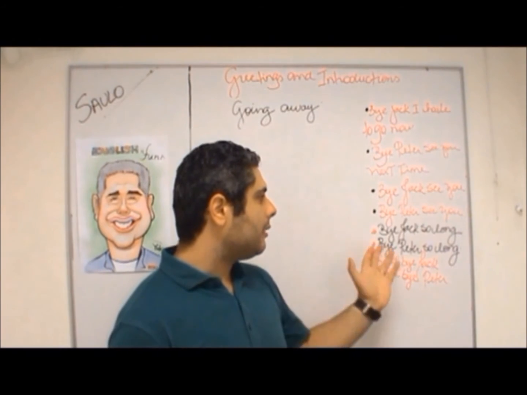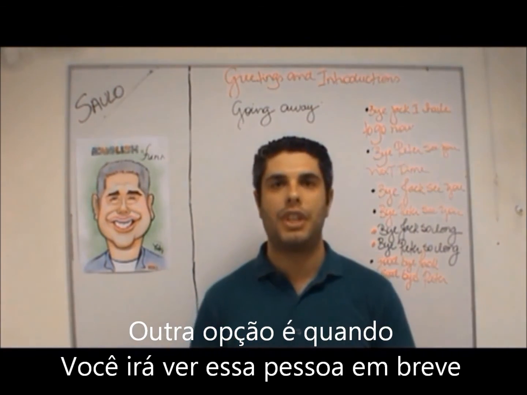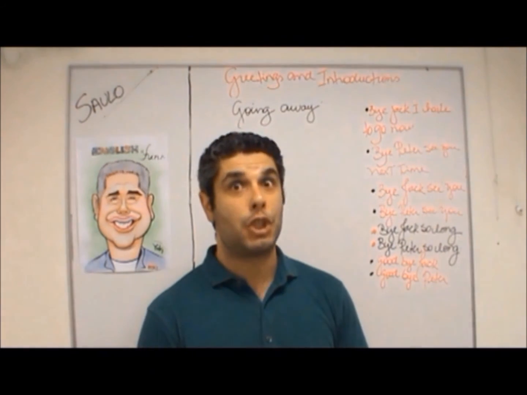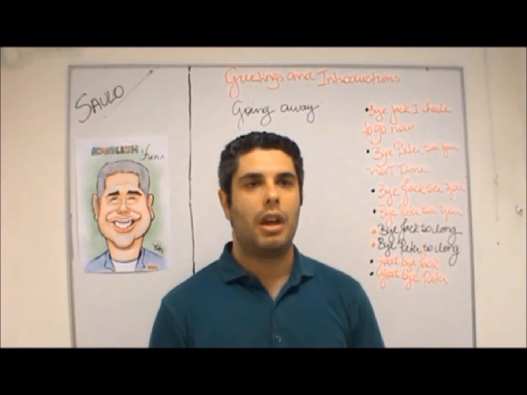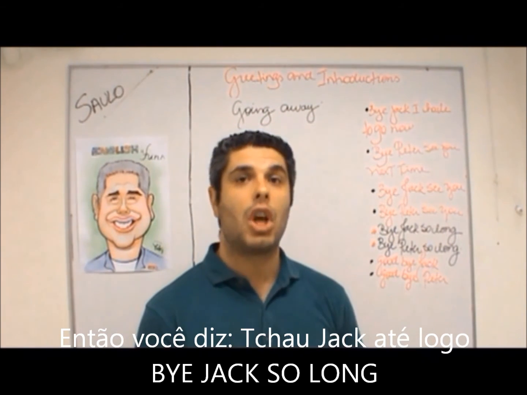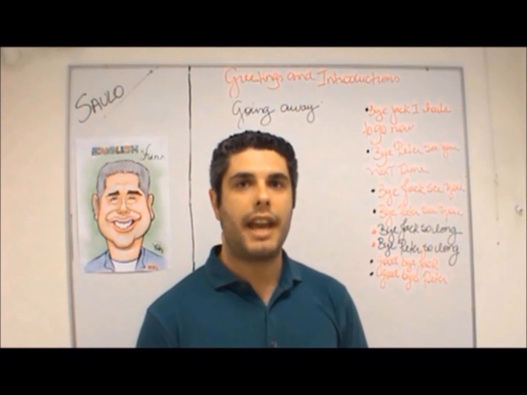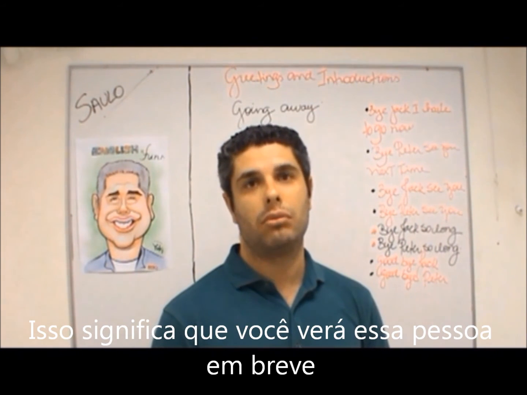And the other option is when you are going to see this person soon, okay? You can say so long. So you say, bye Jack, so long. And then he answers, Peter, so long. It means that you will see this person soon, okay?